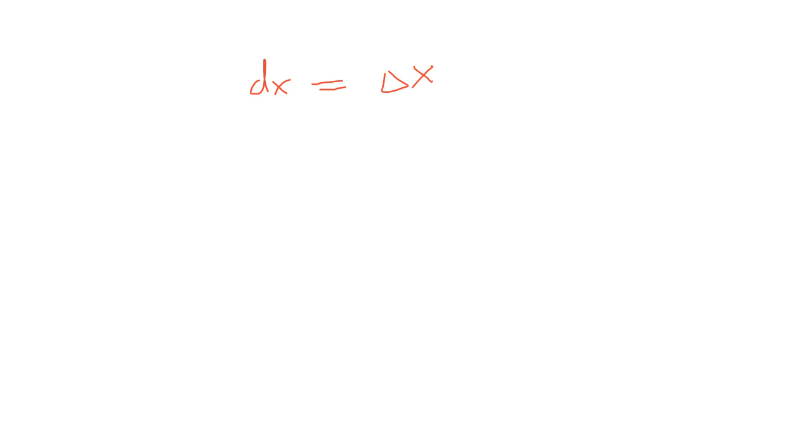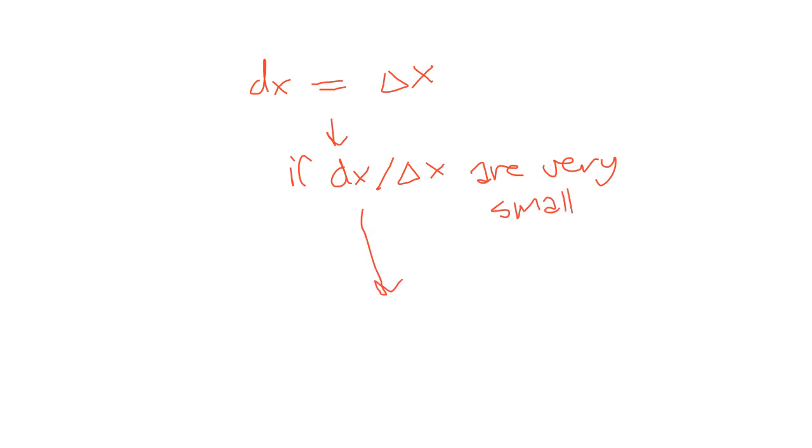Now, our delta y was in relation solely to what we had on our graph of f of x, whereas our dy is related to our tangent line. But if dx and by extension delta x are very small, then we can say that dy can be an approximation for delta y.